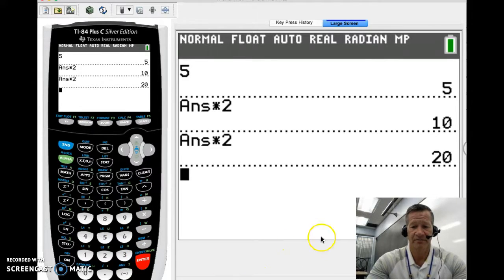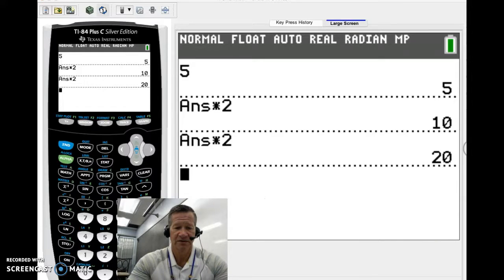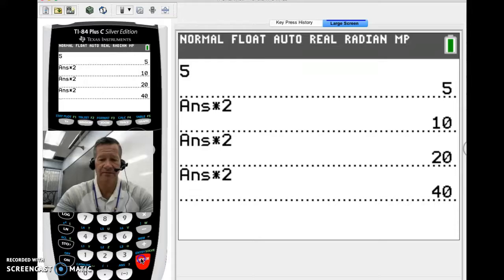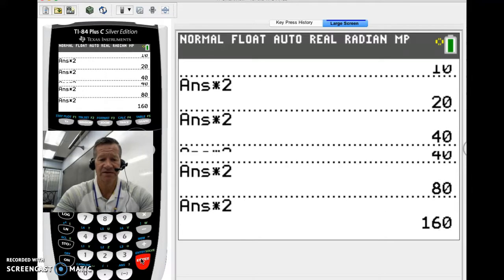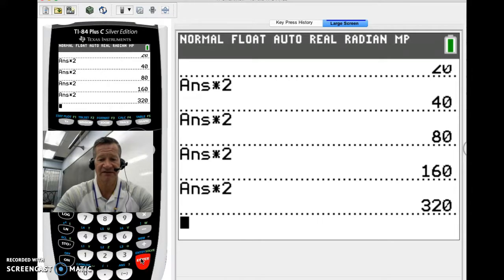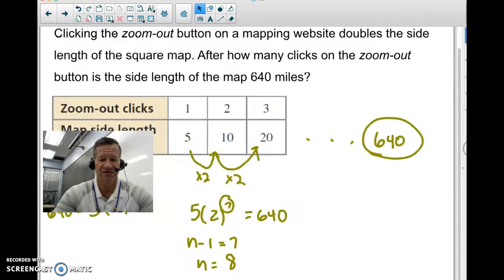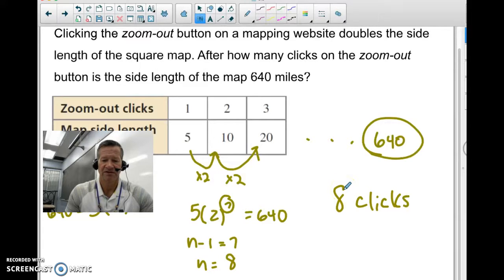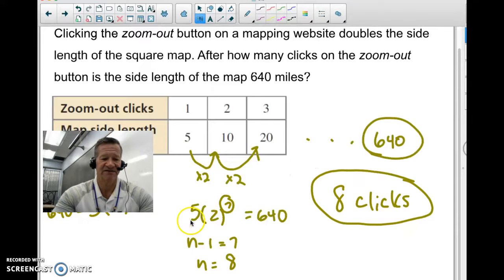Third term, fourth term, fifth term, 6th click, 7th click, 8 clicks, and I'm at 640. So you see we get the same answer. Our answer is, it will take us 8 clicks to get a side length of 640 miles. And that's it for that one.